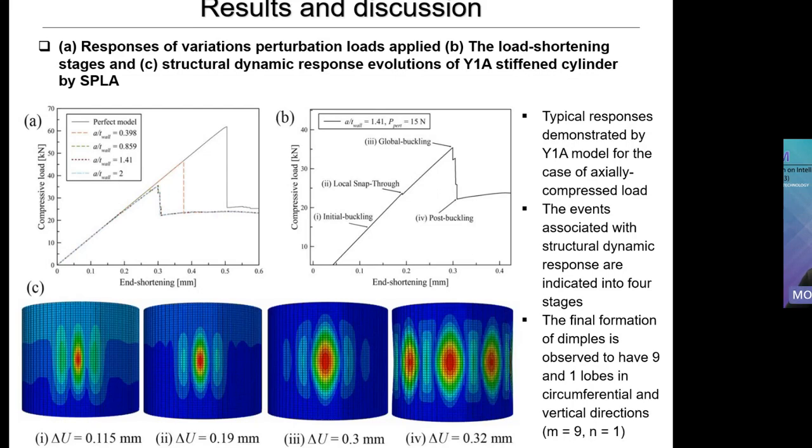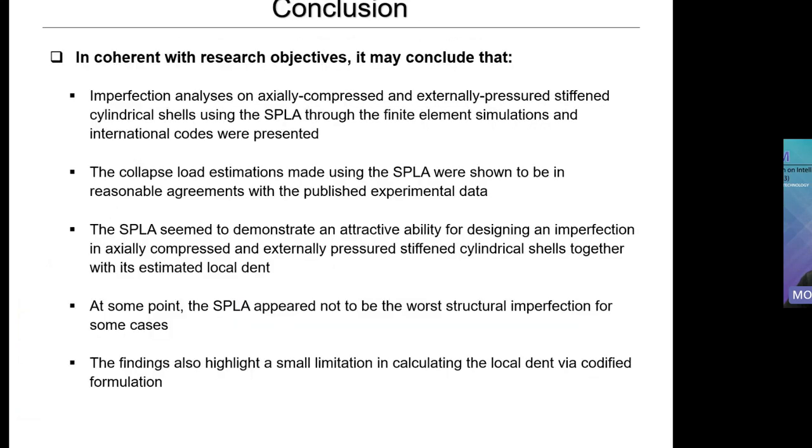Here you can see the reddish color and slightly yellow and green color indicate where the structure started to deform and progressively deform once it reached the global buckling phase. So that's why it comes with M equal to 9 and N equal to 1.